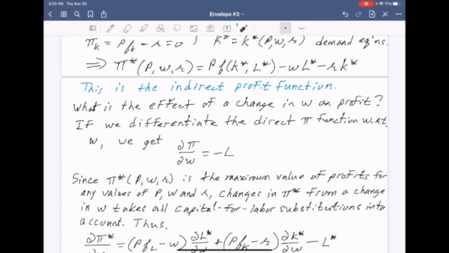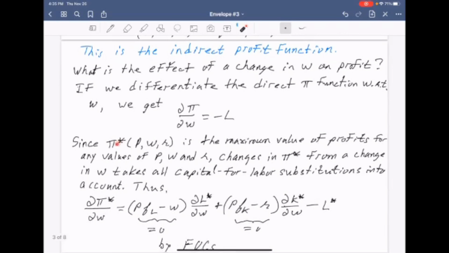Well, to find that, we first differentiate the direct profit function with respect to W, the wage rate, and we get that the partial of the direct profit function with respect to the wage rate is negative L. Since the indirect profit function is the maximum value of profits for any values of price, wage, and rental, changes in the maximum value function for profits from a change in the wage takes all capital for labor substitutions into account.